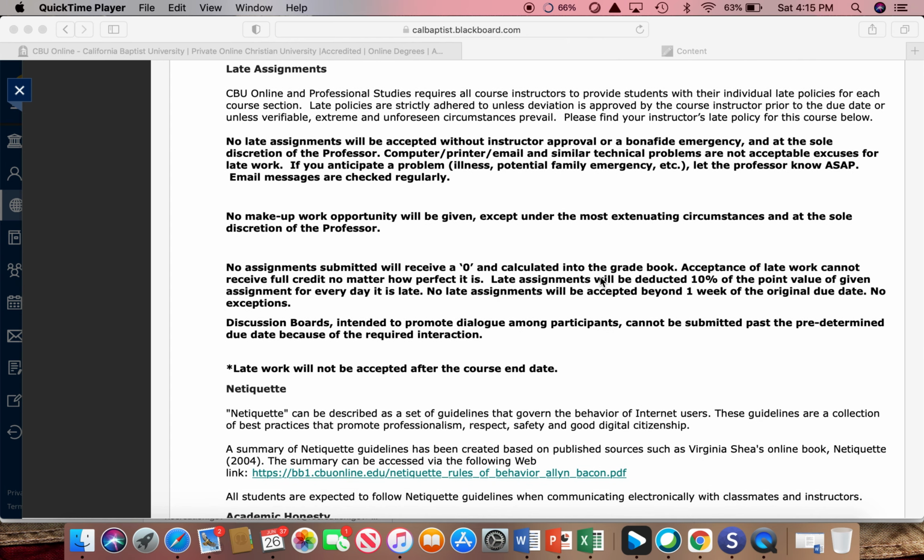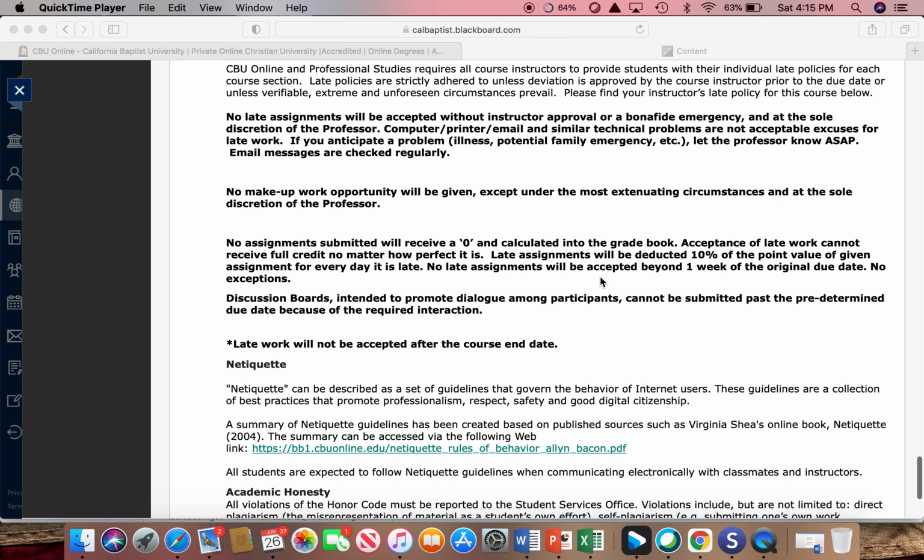Late assignments: each one of us is mandated to have a late assignment policy, so let's take a second and go through that. No late assignments will be accepted without instructor approval or a bona fide emergency and at the sole discretion of the professor. Computer, printer, email, and similar technical problems are not acceptable excuses for late work.